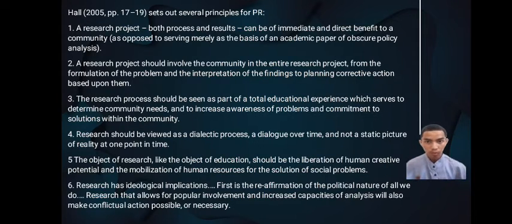First is the reformation of the political nature of all we do. Research that allows for population involvement and increased capacities of analysis will also make conflictual action possible or necessary.